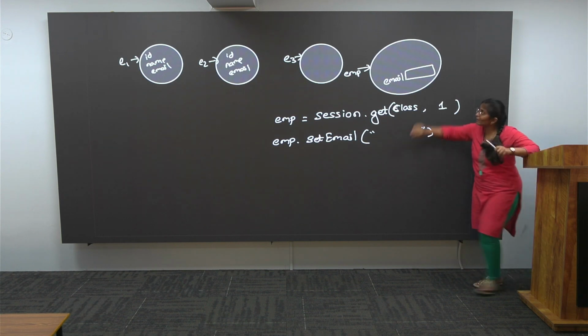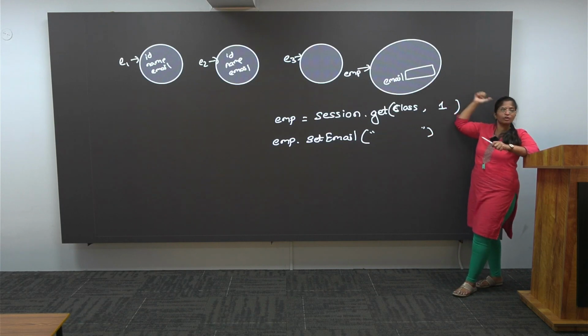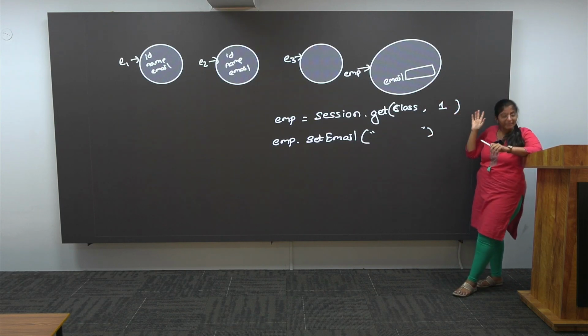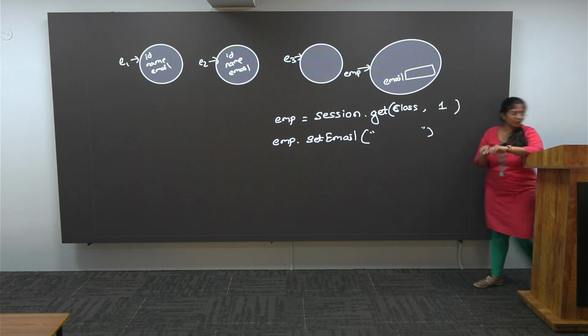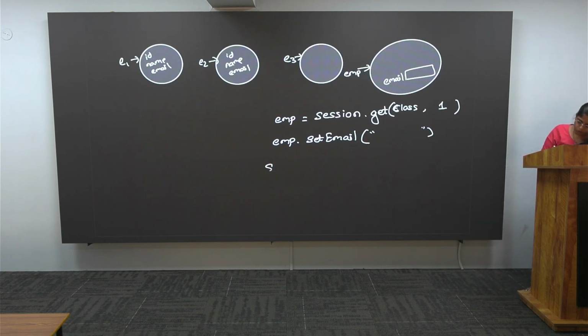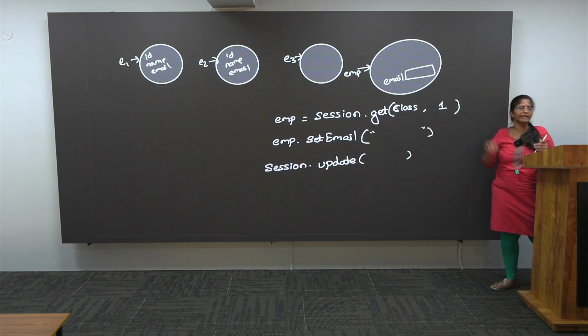Now this new email ID is available inside this object, the same changes should happen to your database also, correct or not? Now you need to call the update method. Using session, I can call this update method, and you need to pass the object which has to be updated.